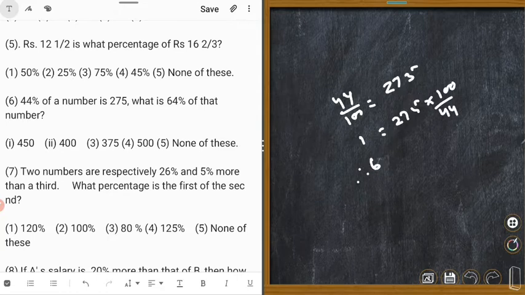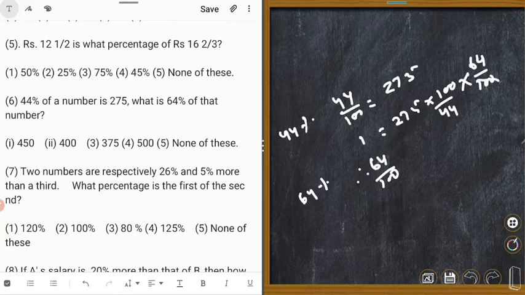Therefore, 44 percentage means this one, 64 percentage means this one. Into 64 upon 100, the 100 cancelled, right?